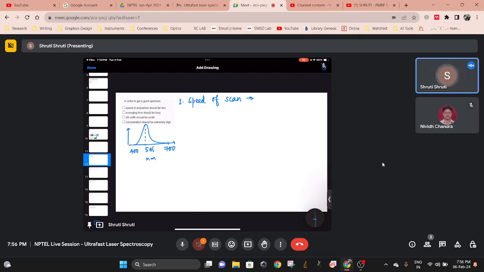The signal at 400 and at 545, there is a huge difference. This is very small and here it is very large. So if your scan speed is very fast, this will anyway get detected, but there might be noise over this wavelength, isn't it? Because here the emission is so much, so we need to take care of the integration time.